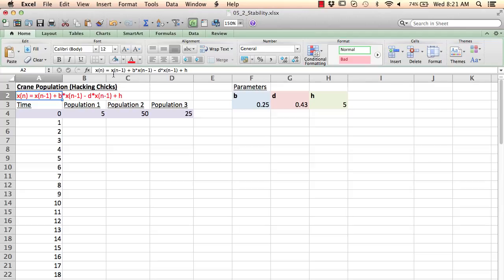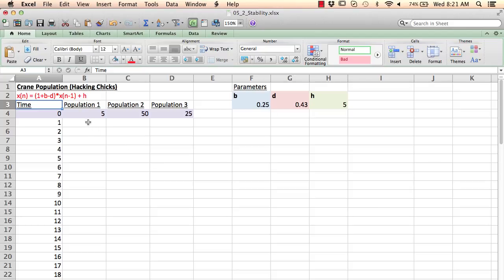So we have 1 plus b minus d. I'm going to go ahead and rewrite all of this: 1 plus b minus d times that first x of n minus 1, plus h. I'll get rid of the intermediate stuff, just so that it's a little bit quicker to type into Excel.